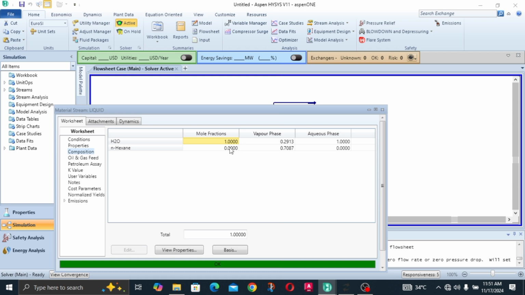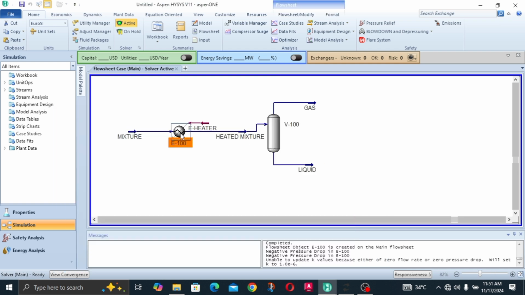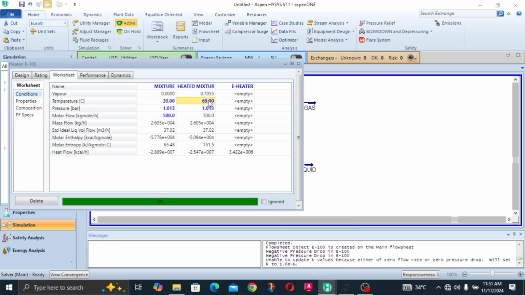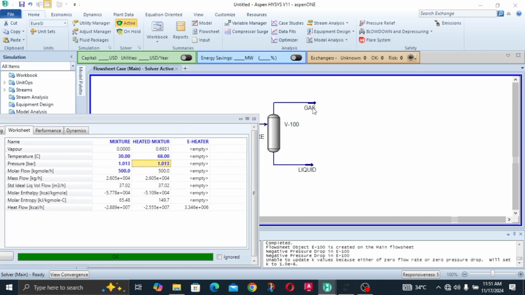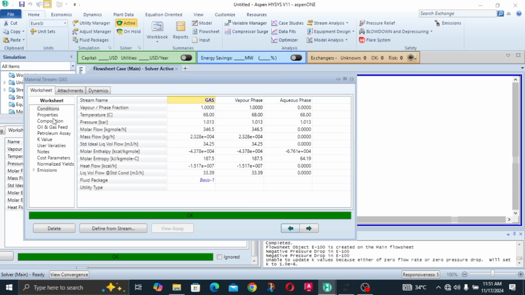But unfortunately, some of the water followed it, so we will probably have to drop the temperature a little bit so that a little condensation takes place and some of the water drops down, so that we do not evaporate a huge amount of liquid to lead to a scenario where the H2O follows the hexane. So let's just say this is 68 and not 69. Okay, with that our vapor fraction is 0.69. So let's check and see.